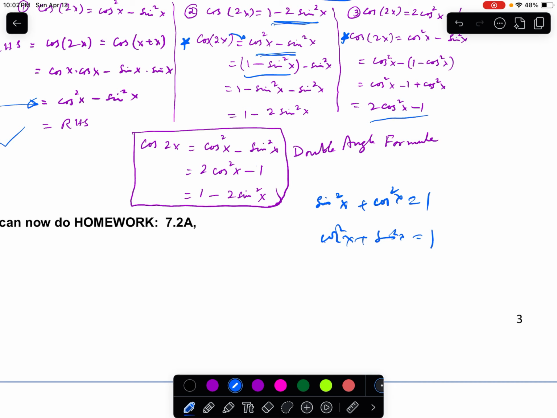Now if you do not remember this, it's not a big deal, but you should know how to get it. If you are given cosine 2x, your instinct should tell you to split it as x plus x and then go from there. Okay, so this is what you should know from section 7.2.